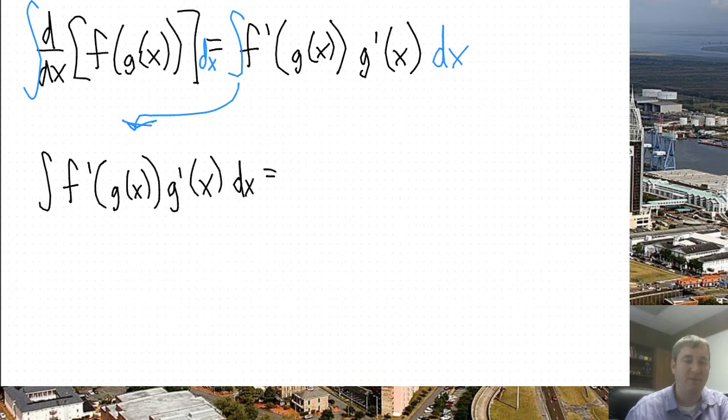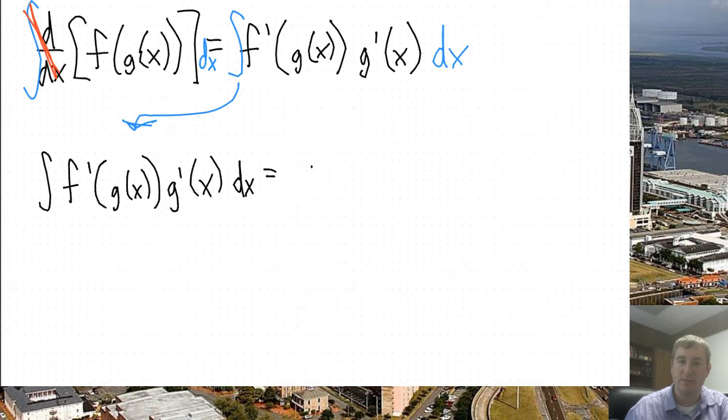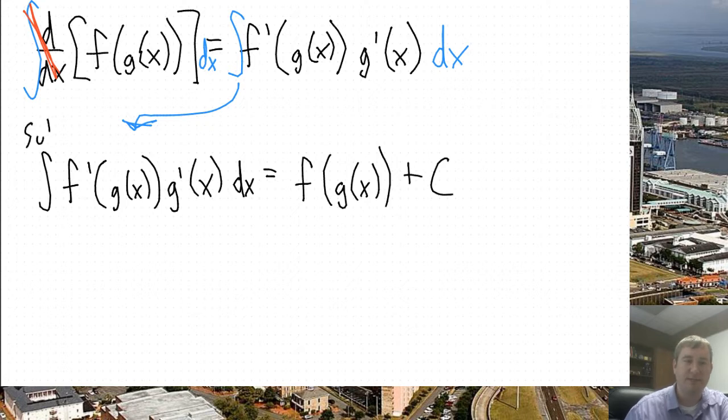Well, that would have to be the left-hand side. And notice that we have the integral of a derivative, so they basically undo each other. The resulting function is f of g of x plus c. Now this is something called substitution, as I said. It's just basically the reverse chain rule.